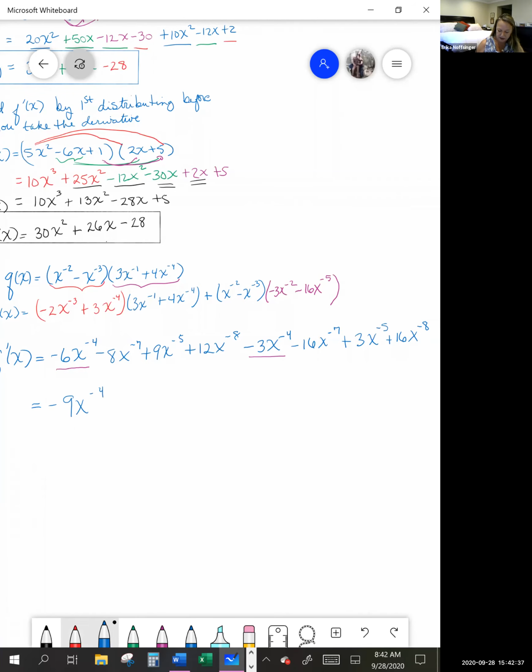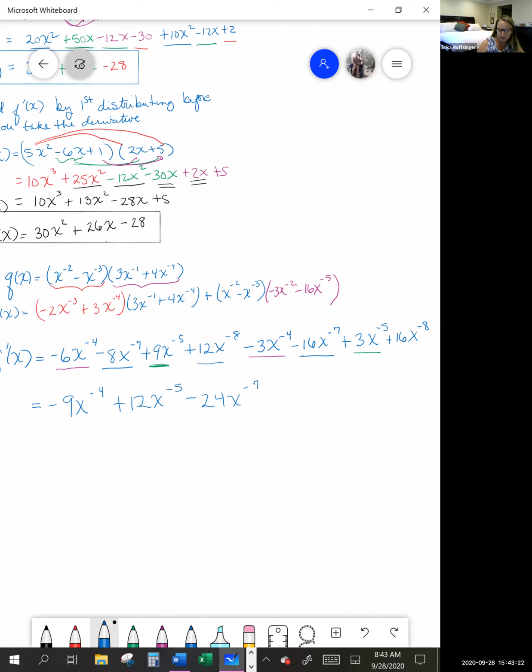So next highest would be that 9x to the negative 5 plus 3x to the negative 5. So 9 plus 3, so this is plus 12x to the negative 5. I don't see any 6 powers. And there's not. So 7. So we have negative 8x to the negative 7 minus 16x to the negative 7. So that is negative 16 minus 8, negative 24x to the negative 7.